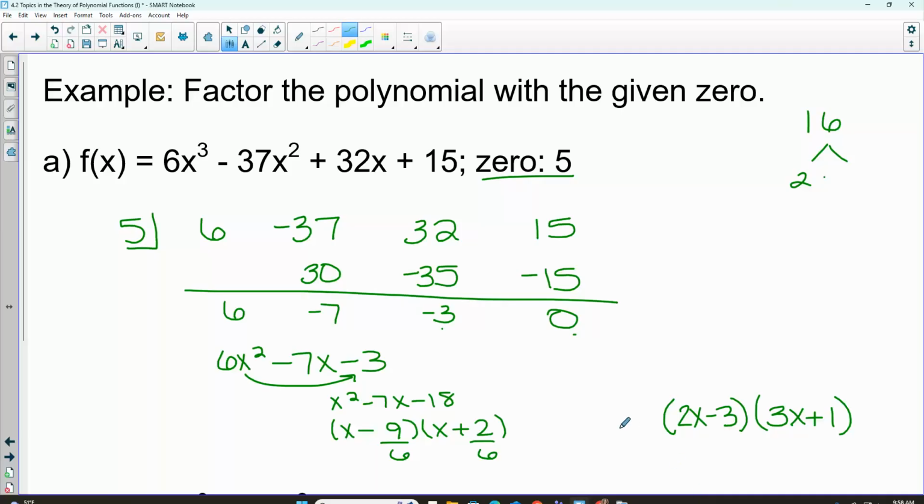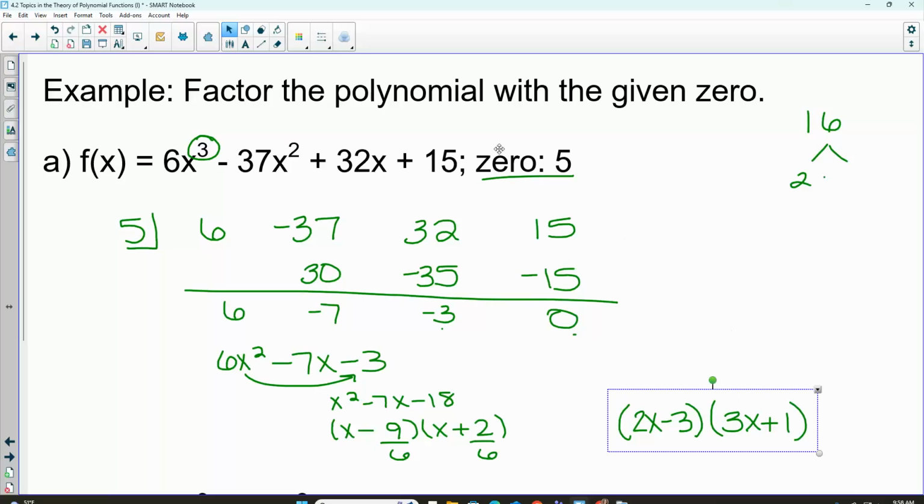Is this my final factored form? It was x to the 3rd, so I should have 3 zeros. Currently, this is only 2, so that's not enough. What am I missing?